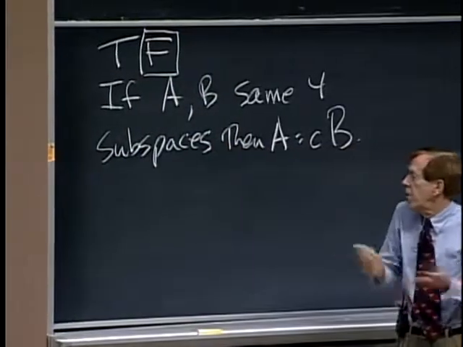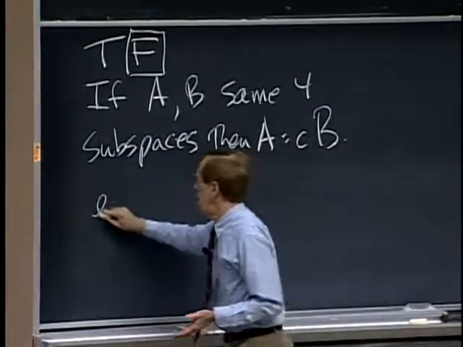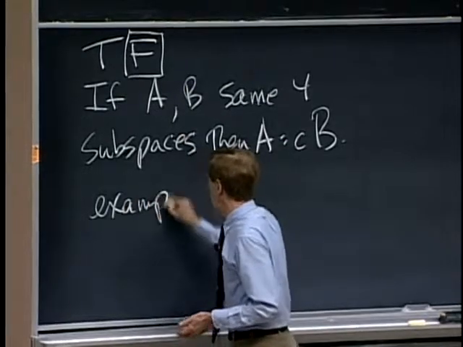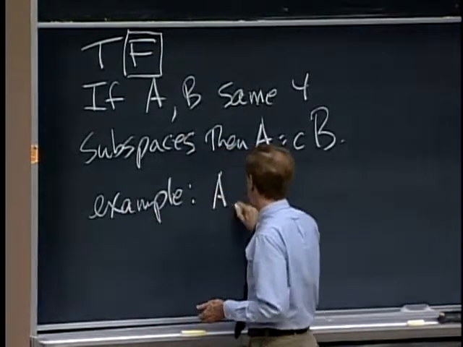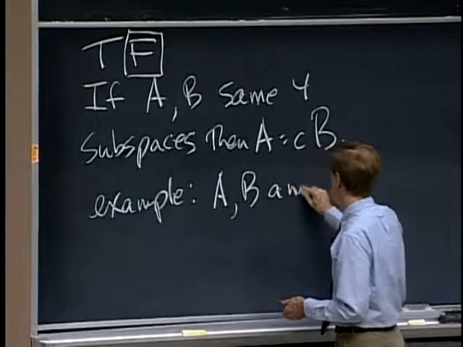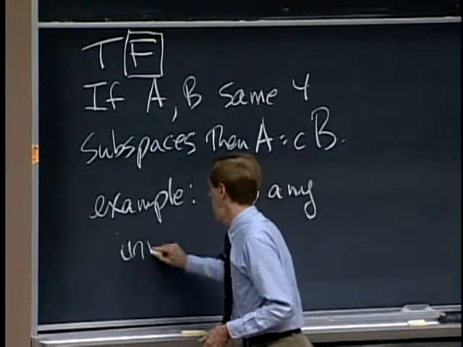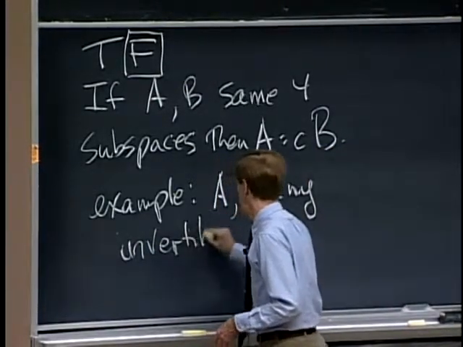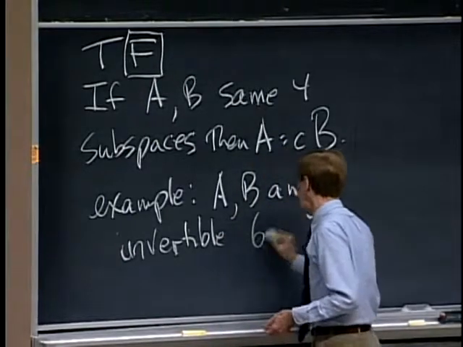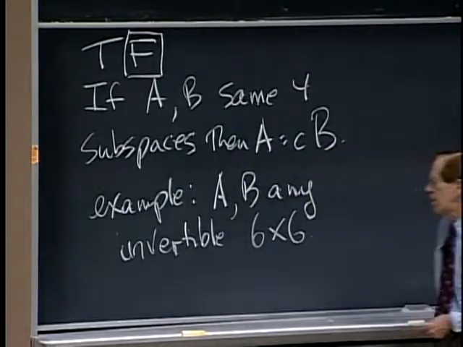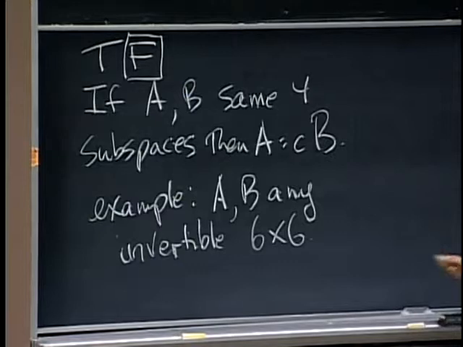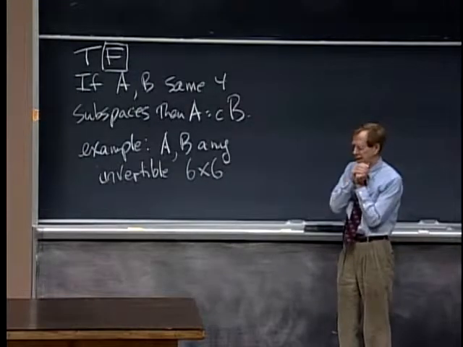Because A and B, for example, any invertible 6 by 6 matrices, would have the same 4 subspaces, but they wouldn't be the same.